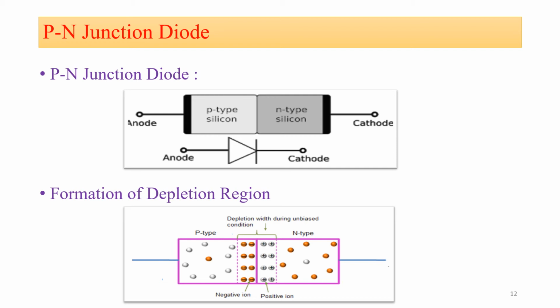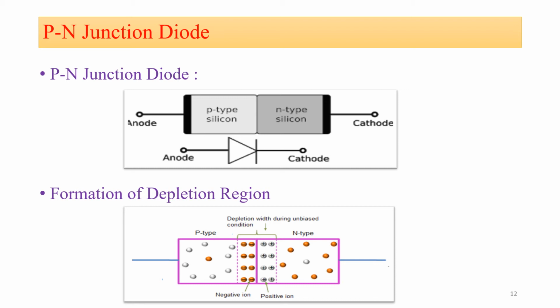As more holes diffuse to the n side, a large positive charge accumulates near the junction on the n side, and this positive charge repels the positively charged holes and the diffusion of holes stops. Similarly, a large negative charge accumulates near the junction on the p side, and this negative charge repels the negatively charged electrons and the diffusion of the electrons stops.